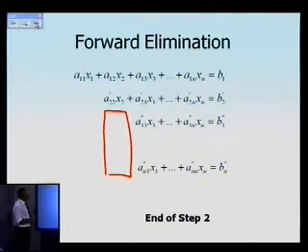So you're very well seeing how you have to conduct each step for each column. The first step of forward elimination corresponded to the first column. The second step of forward elimination made the second column below the second row 0. The third step of forward elimination will make everything below the third row in the third column 0. So you can see algorithmically how this can be written in a loop to conduct these forward elimination steps.